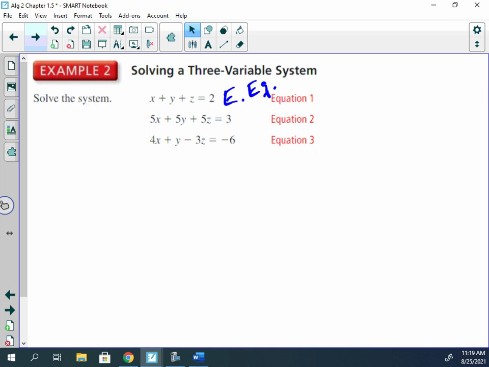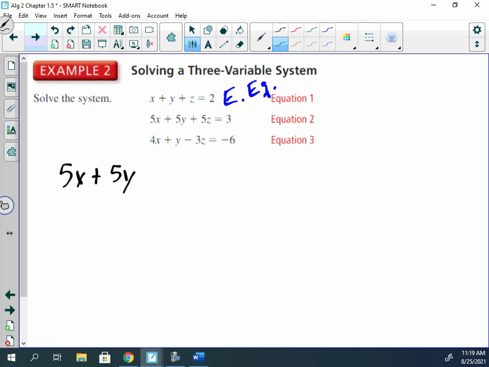What do you say, Brian? Well, oh hey, the first and third equation both have 1 in it. Let's do that. Because when we write it down, I'll say 5x plus 5y plus 5z is equal to 3, and the other one's going to be 4x plus y minus 3z equals negative 6.